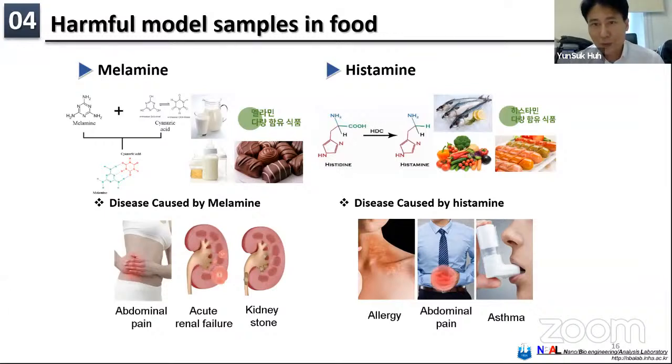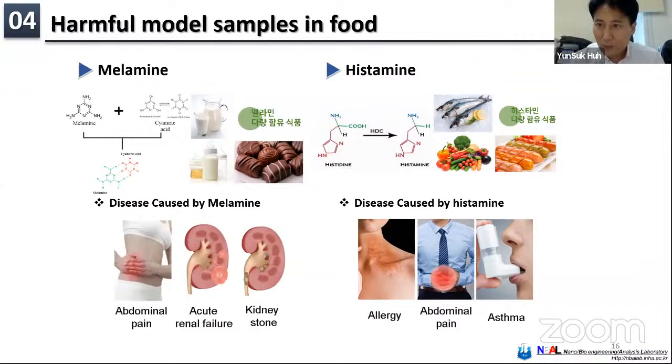Usually in food areas, it's important to check how much amine content there is, since it's related to protein. That is why they check how much amine is in the sample. Melamine is a cheap substance and not helpful for your body.